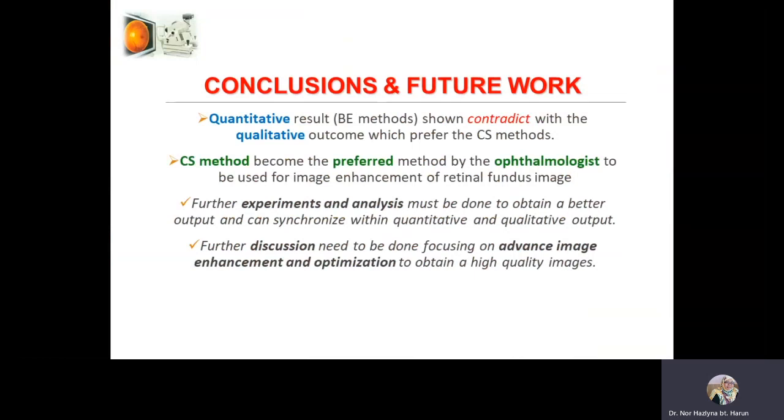Further experiment and analysis must be done to obtain a better output and to synchronize the quantitative and qualitative output. Further discussion needs to be done focusing on advanced image enhancement and optimization to obtain a high quality image.